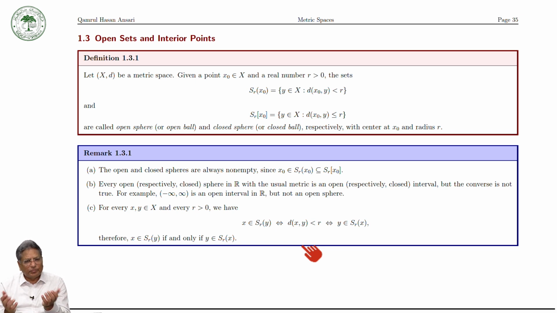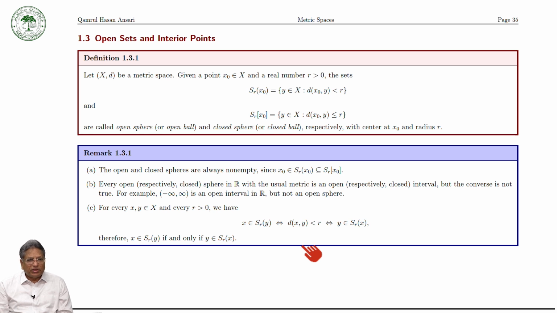Now, as we have seen, even in R2, in R3, in Rn, we can define many different kinds of metrics. So, what would be the form? It would always be like the circle or like the ball or something.